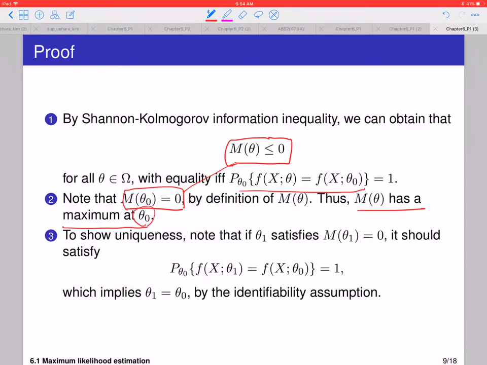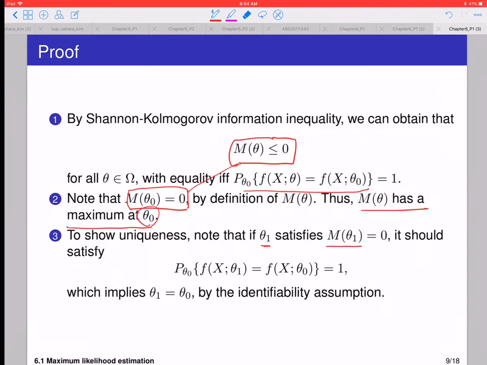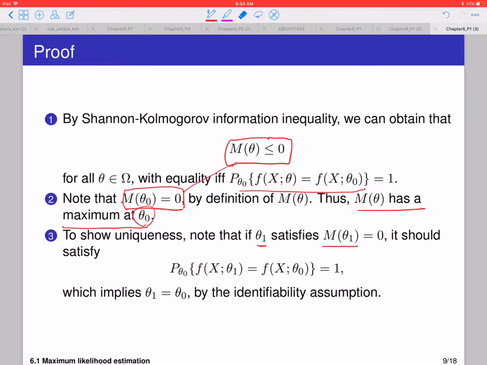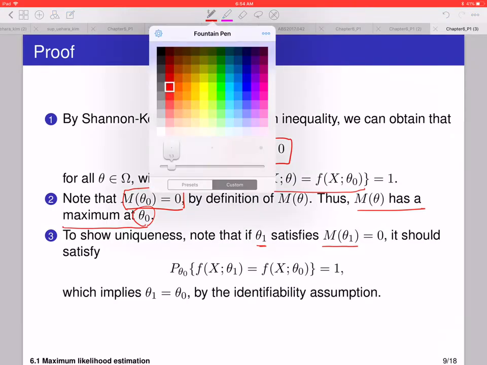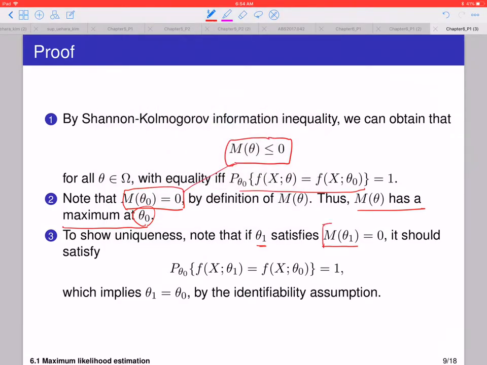And now to show uniqueness, we suppose that we have another zeta 1 which satisfies this. Then the definition, what is the meaning of this guy? Well, that is minus Kullback-Leibler of zeta 0 and zeta 1, right?